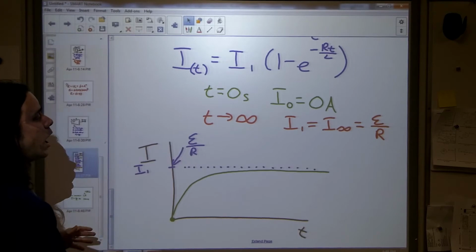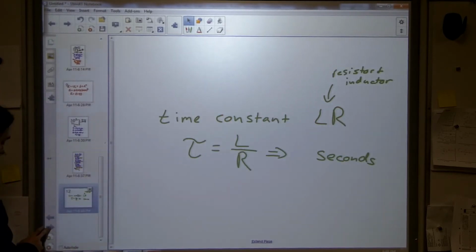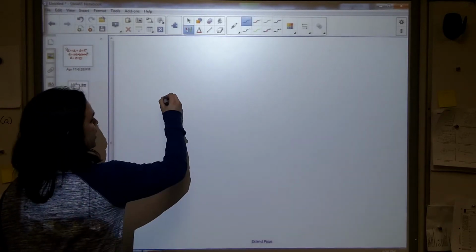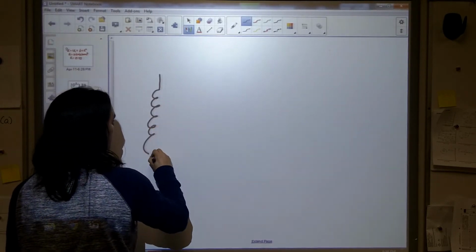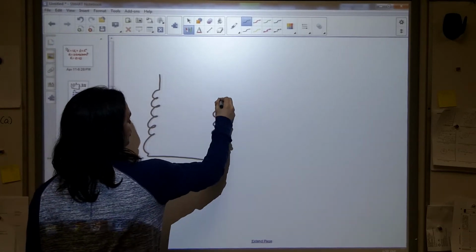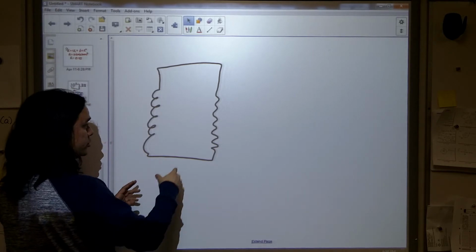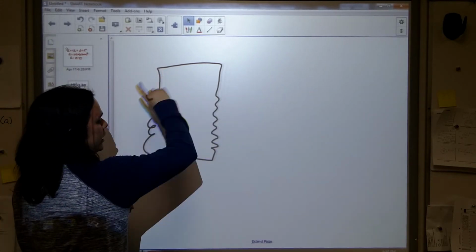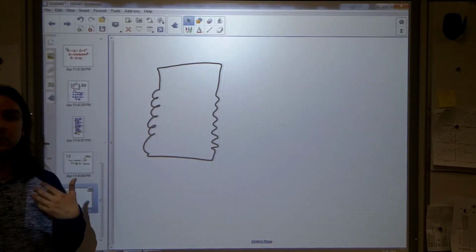Here's the calculus of an inductor-based circuit. Now, one quick thing that I will point out, if you set this up instead where you have a fully charged inductor and you have it supply charge to a current, in the other video that I did on inductors, I mentioned that we could flip some switches and it would try and keep things going. You can do exactly what we did with the capacitor.